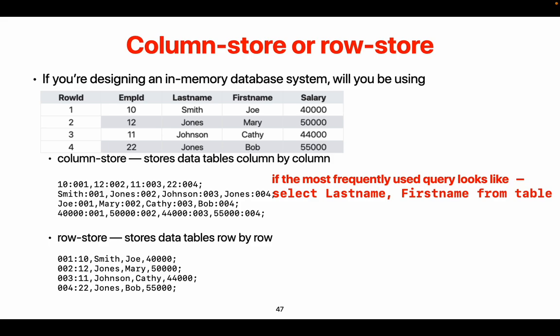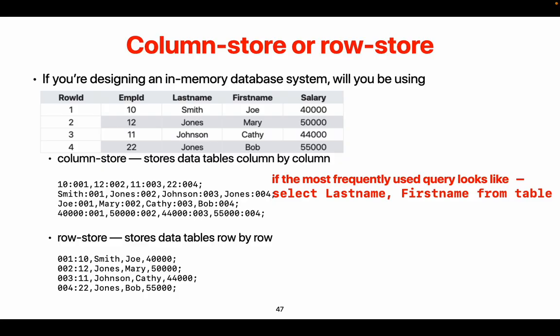So both when you are comparing and when you are selecting, it's column-based. So why not make your storage column stored? That's why in database systems, most of them are column stored, because based on how we use those SQL queries, column store works better.